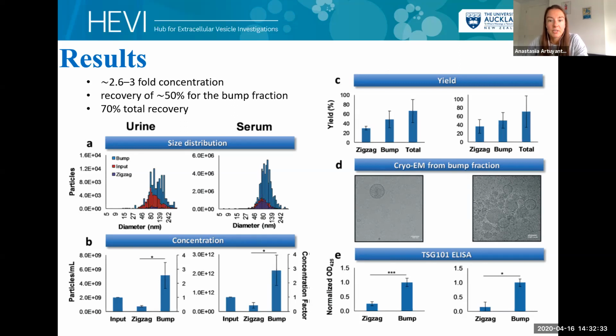So first one, any idea of level of lipoprotein or protein complex contamination with the chip compared to other methods? I don't think they tested that.